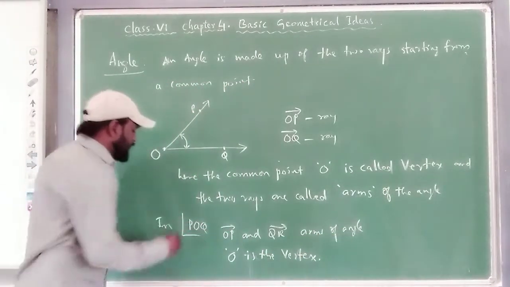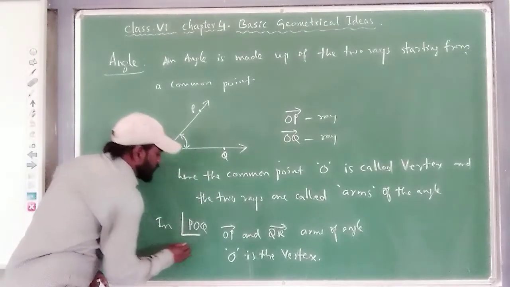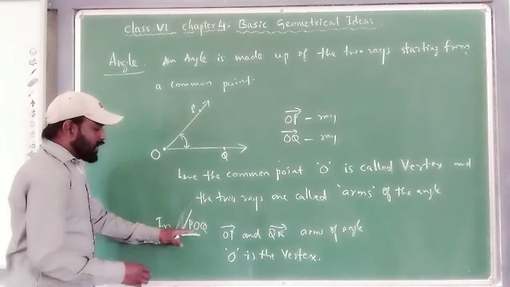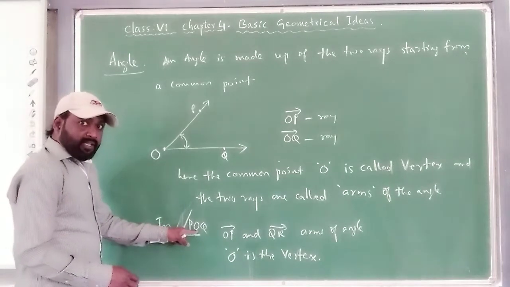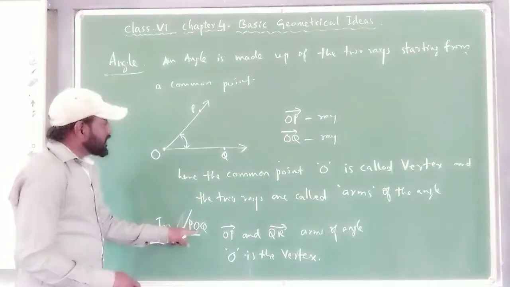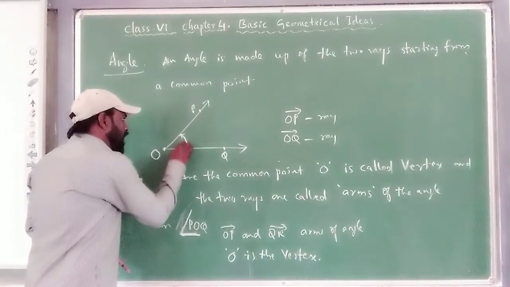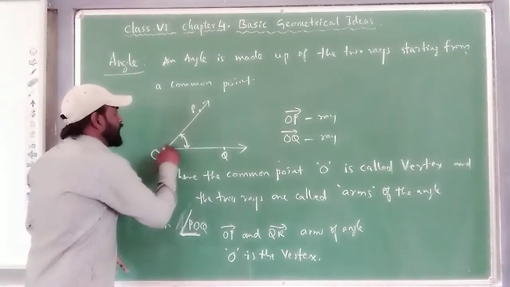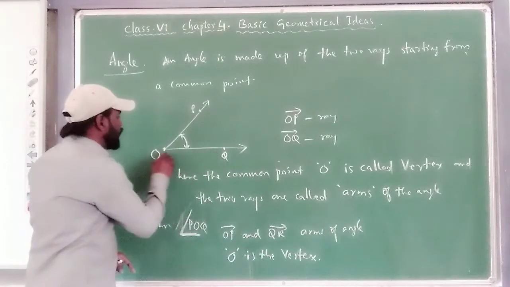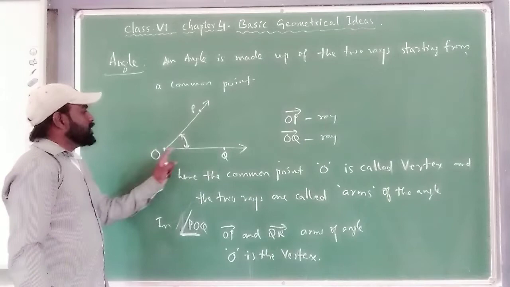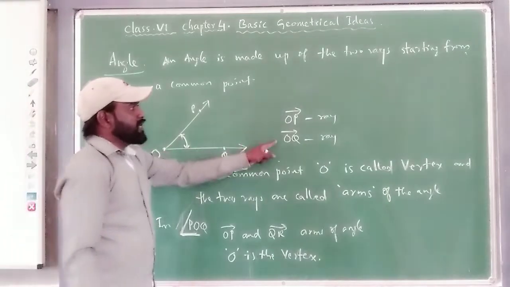The angle is denoted with the symbol like this, or you may write like this also. The letter which is written in between is the place where the angle is formed. Here, this angle is formed by the two rays OP and OQ meeting at point O. So this is the vertex, this is one arm, this is one arm.